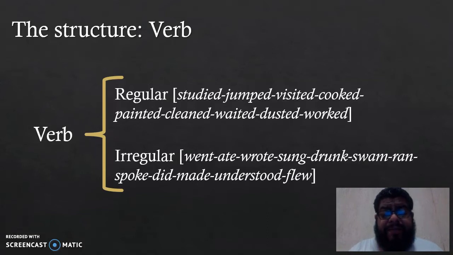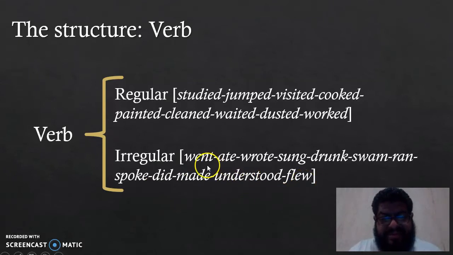For example, we have went, ate, wrote, sung, drank, swam, ran, spoke, did, made, understood, flew.